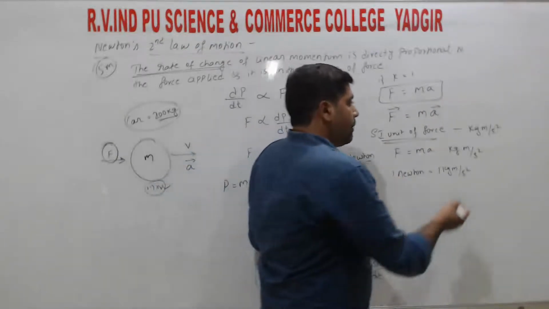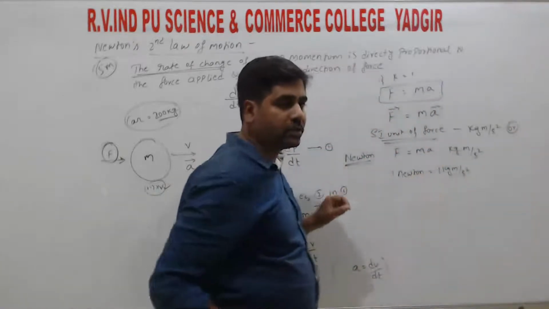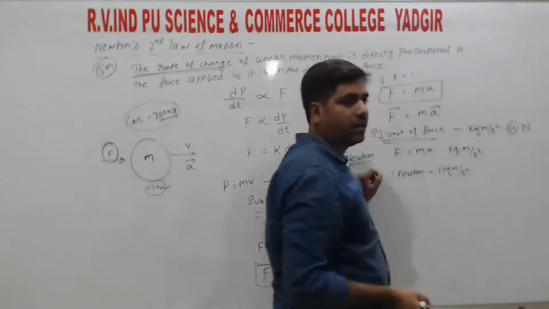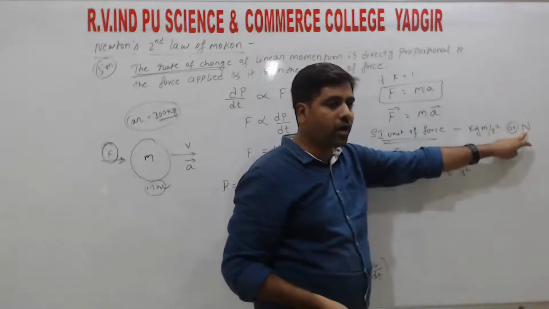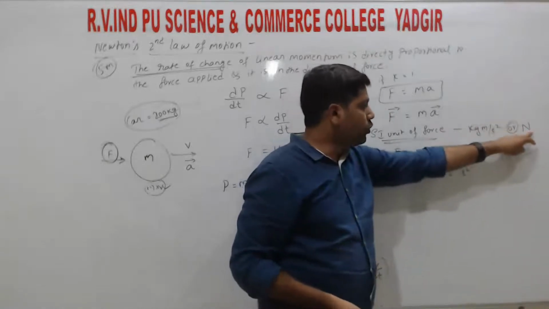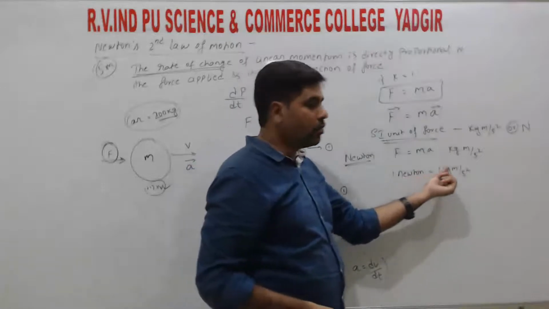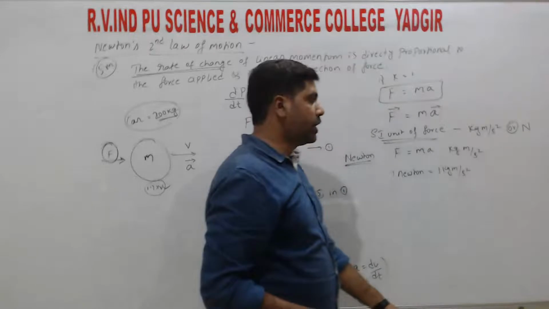But to represent Newton symbolically, we should write it in capital letter. So if we represent it with capital N, what does it give? The unit of force. So Newton is the unit of force. When written as a word, it should be in small letters, but when mentioned as a symbol, it should be in capitals, right?